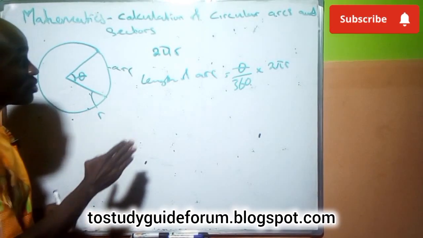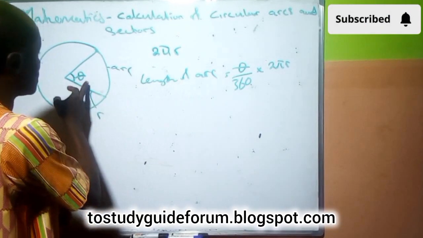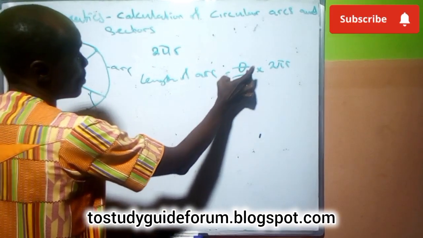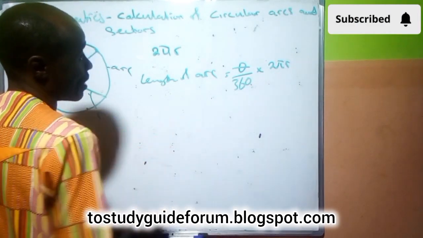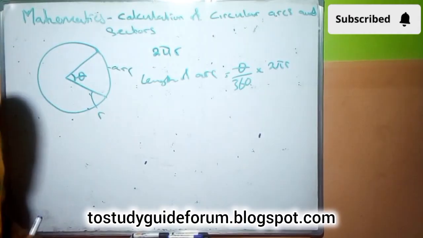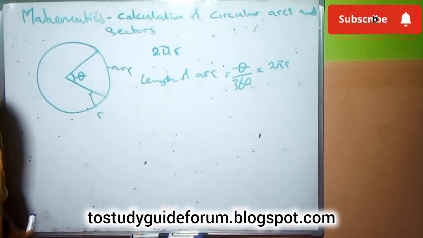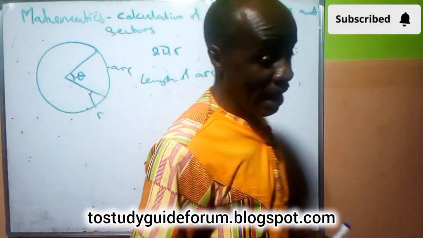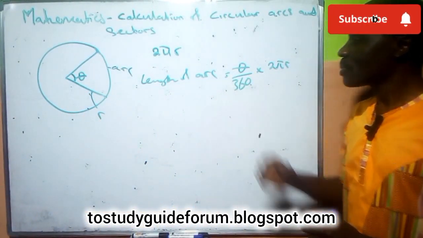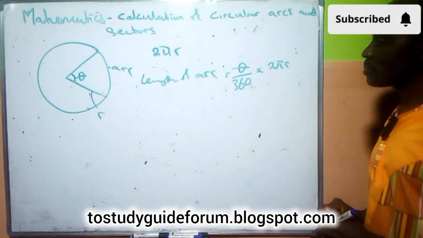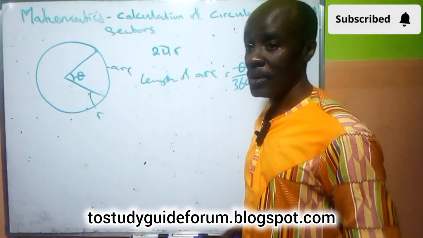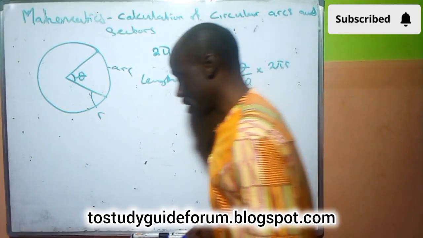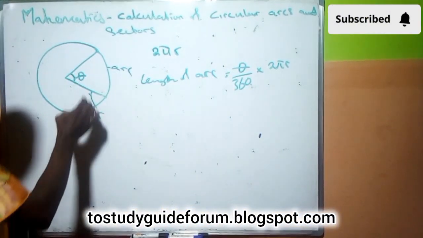As theta changes, the fraction will also vary based on the angle theta, in order to get the length of the arc of the circular region.